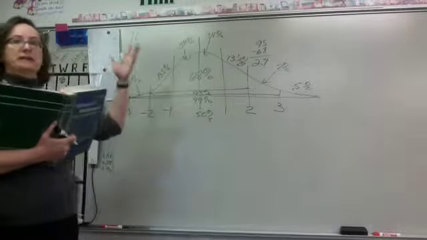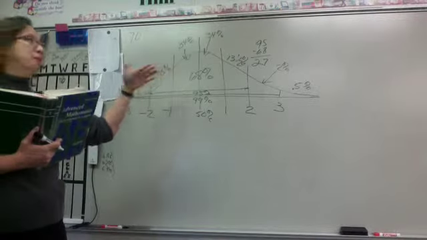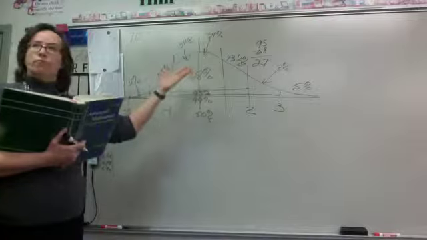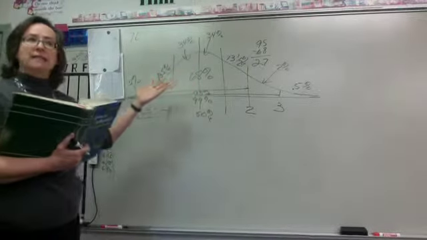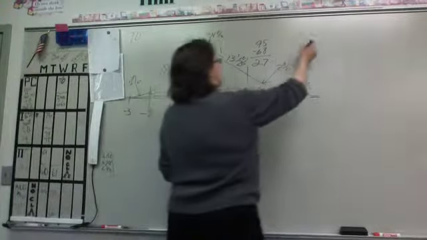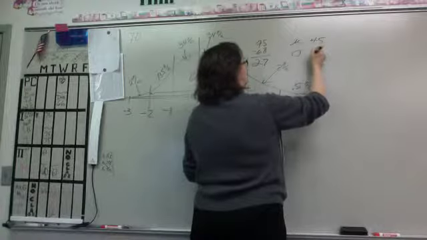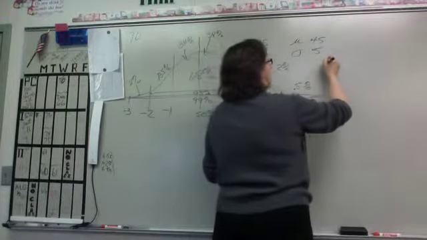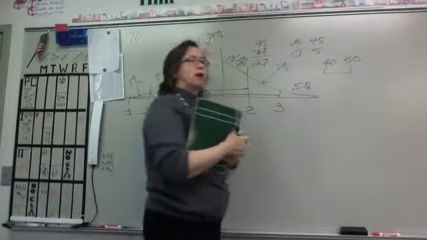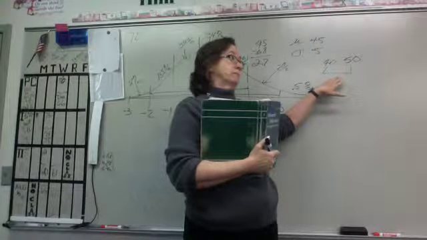So if I said the population is approximately normal, and the mean age of Niceville is 45, and the standard deviation is 5, then you would know that between 40 and 50, I've got 68% of all my people in Niceville will lie between 40 and 50 years of age.